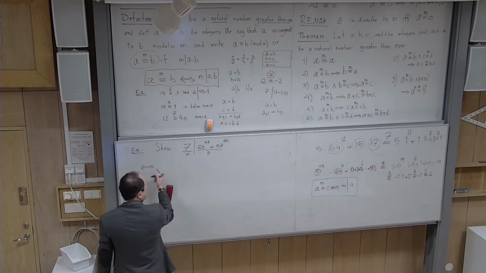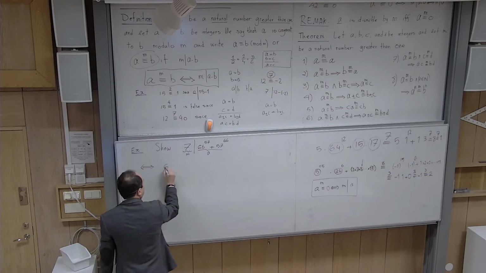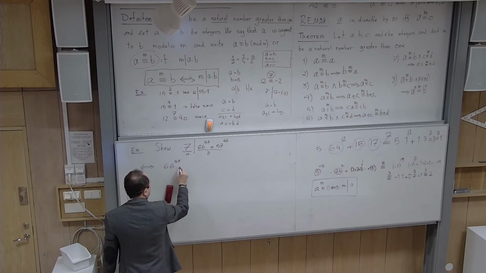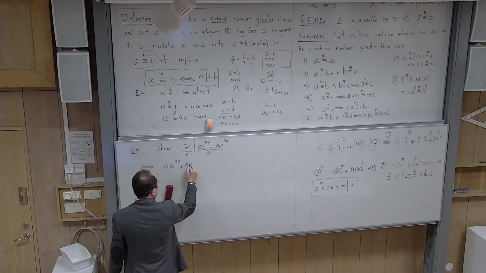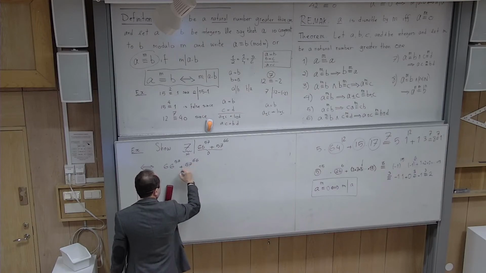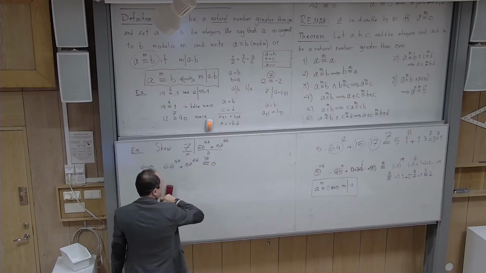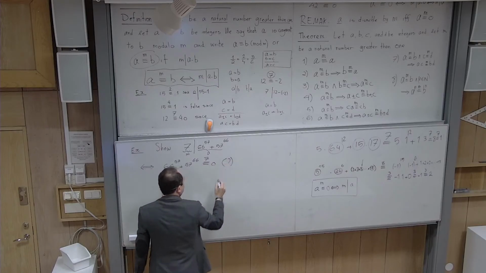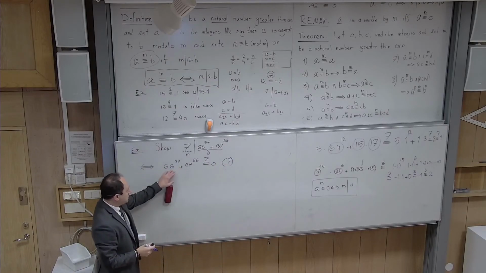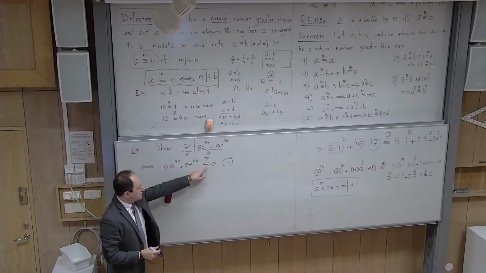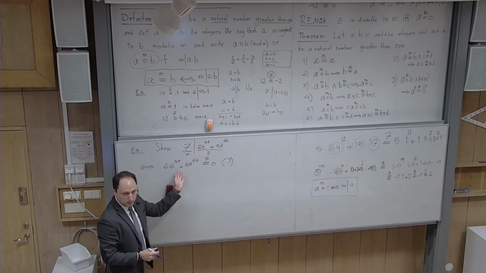So this tells me that I have to show that 66 to the power 57 plus 57 to the power 66 is congruent to 0 modulo 7. I hope that you agree with me. So if I succeed to show that this statement is true, I am done. Agree? This one I want you to understand. Everyone agrees with me? Yes?